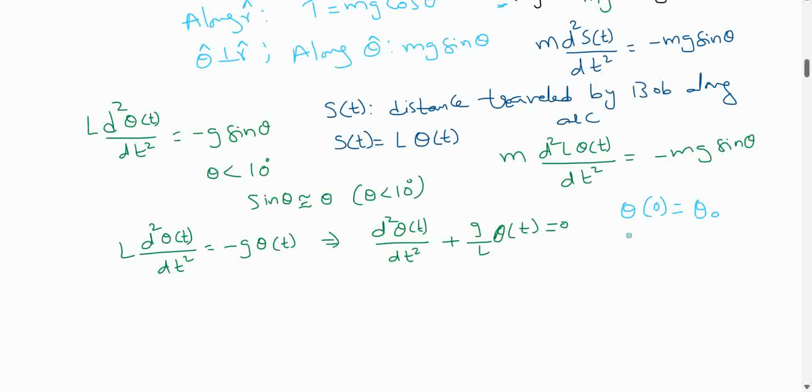Also the initial angular velocity, theta dot of 0, is equal to 0, because it is taken to a certain height and then released from there. So the initial velocity will be 0.